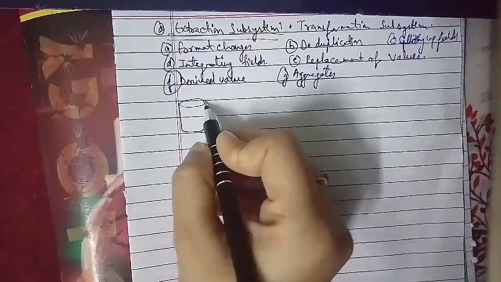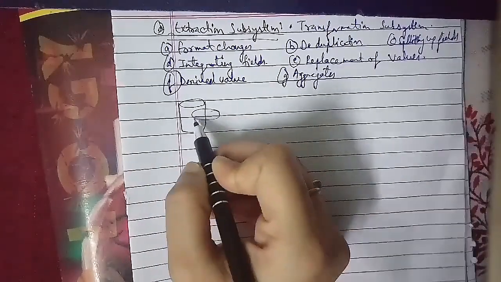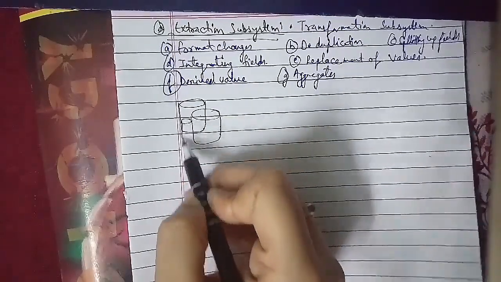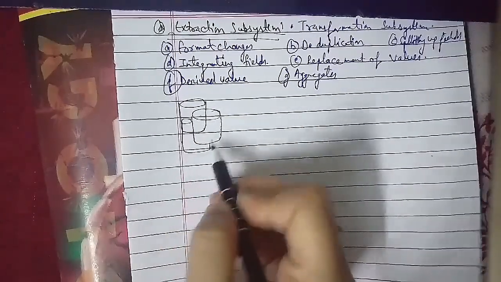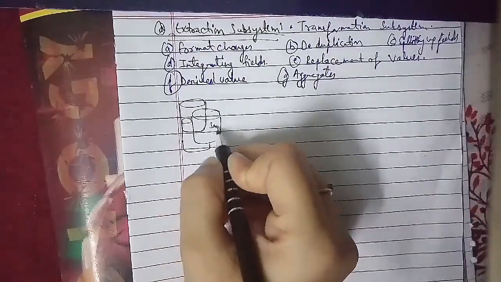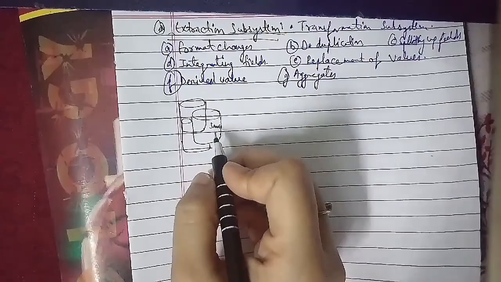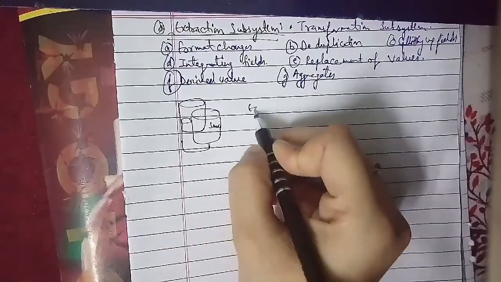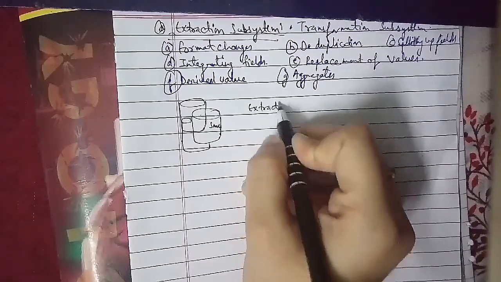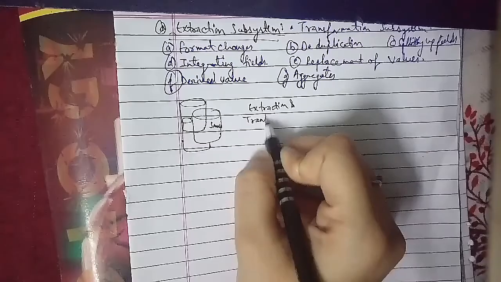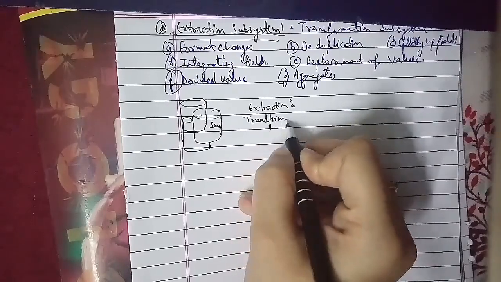This is the load image. Here in the load image, this is dim1, this is dim2, dim3, and dim4. The extraction and transformation subsystem has been given.